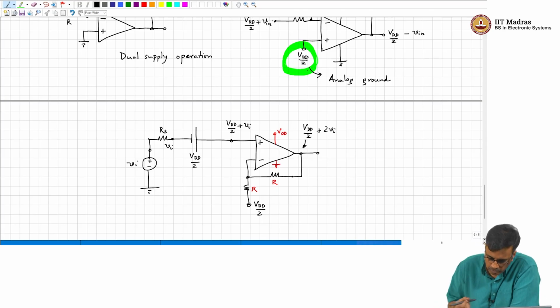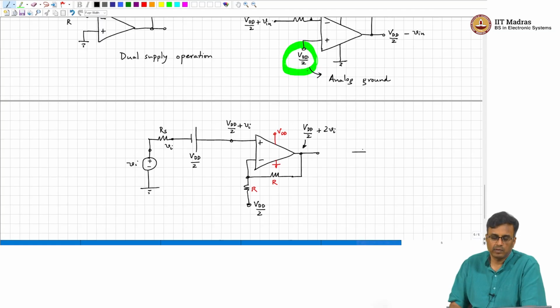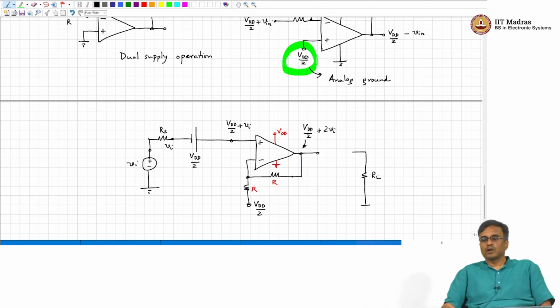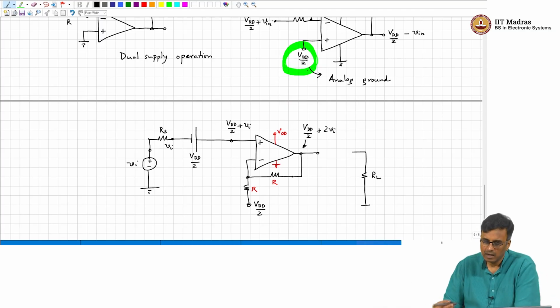Okay. Now, the problem with only one terminal being available also occurs with respect to a load. In many cases, for example, maybe you are driving a speaker, in all probability you do not have access to one terminal of the load, and this terminal is always connected to ground.